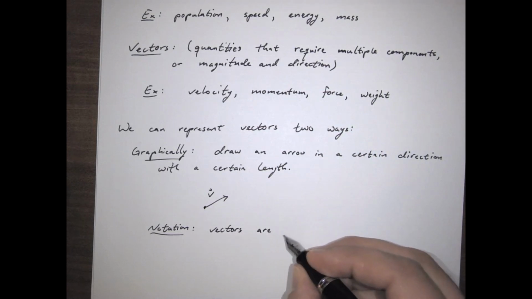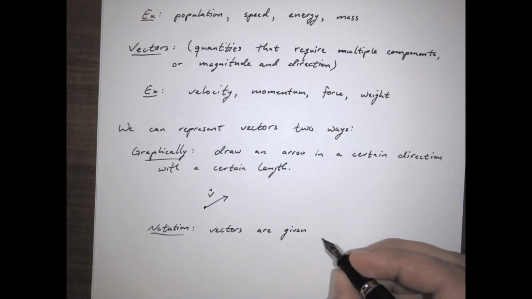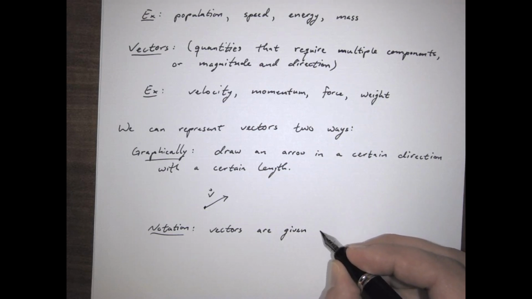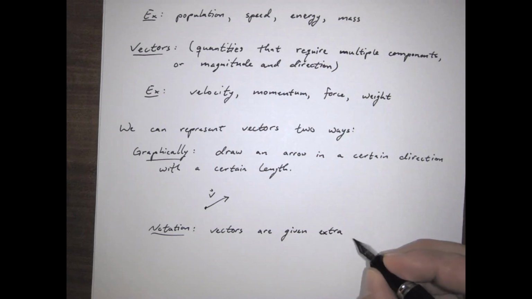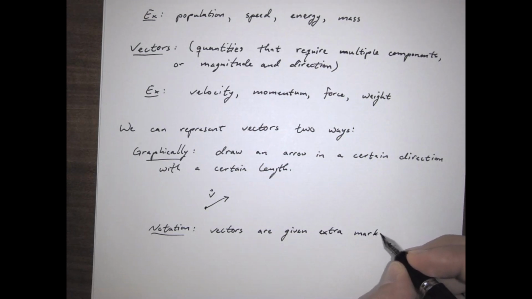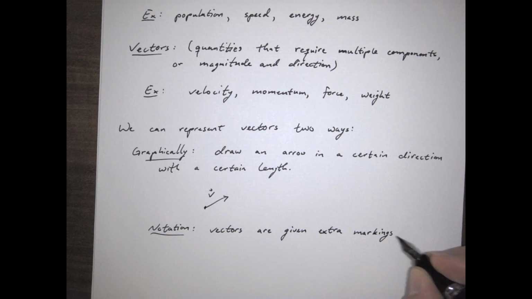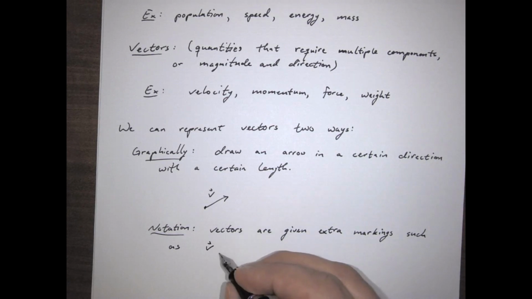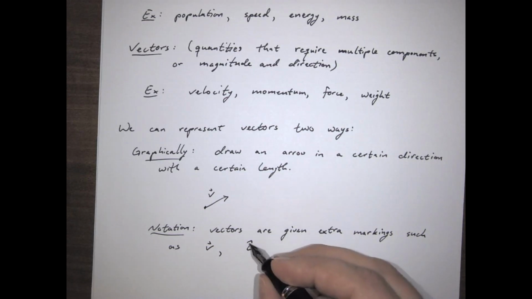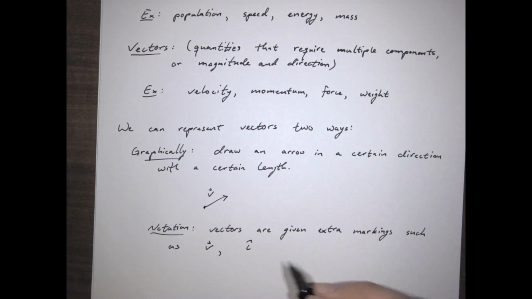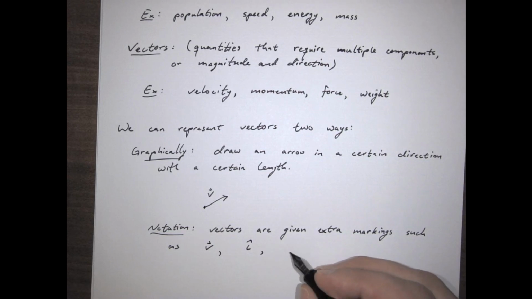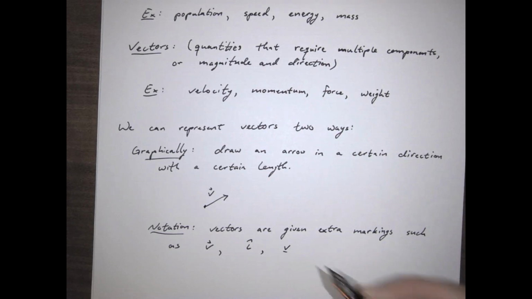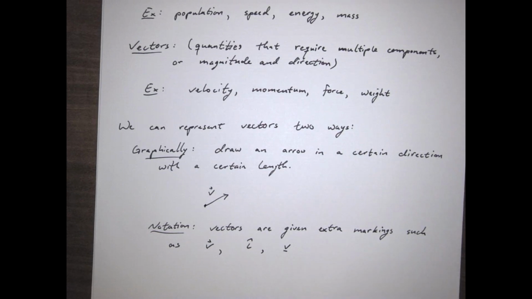Vectors are given extra markings such as we write V with a little arrow, or maybe we write this as a specific vector. We'll discuss it in a second. You put a little, it's called a hat. It's a little caret-shaped thing. And then every once in a while, so this is more like a physics notation, we won't do it, but you could underline it.